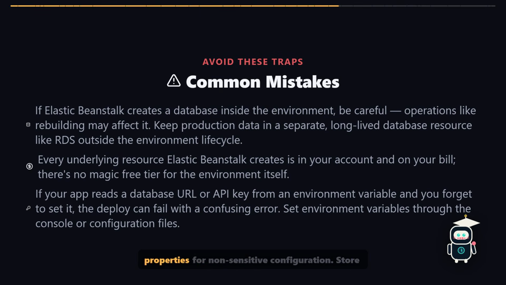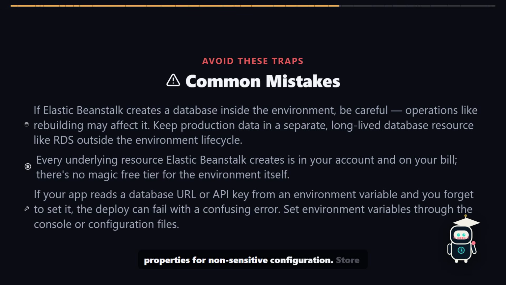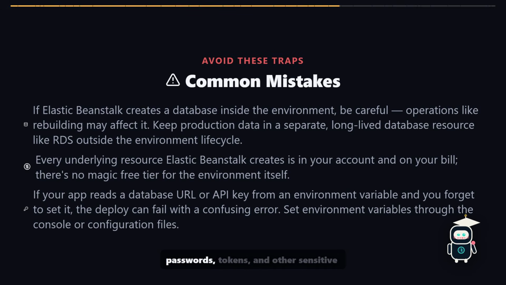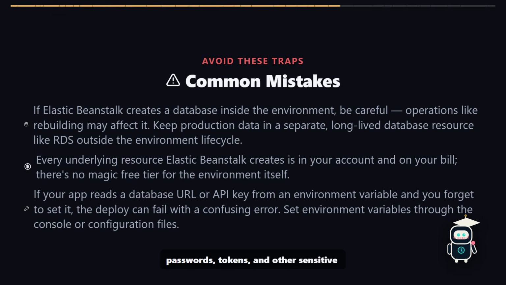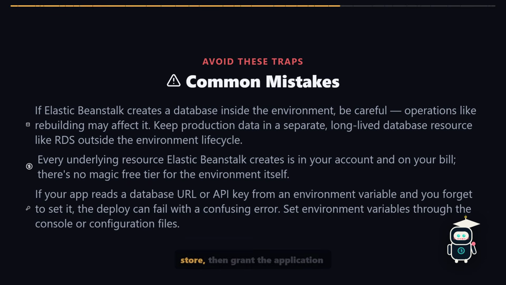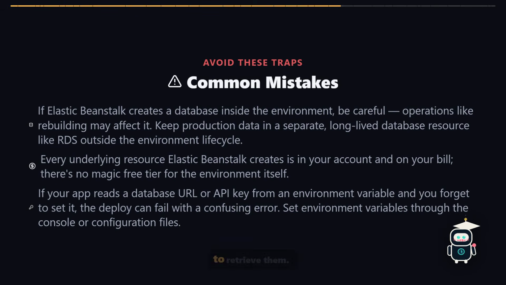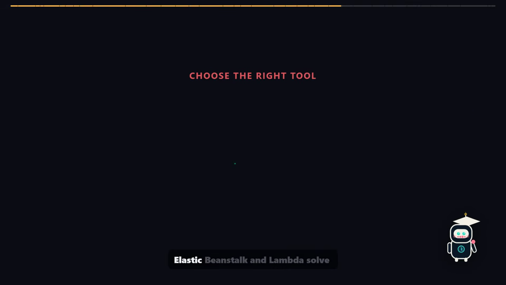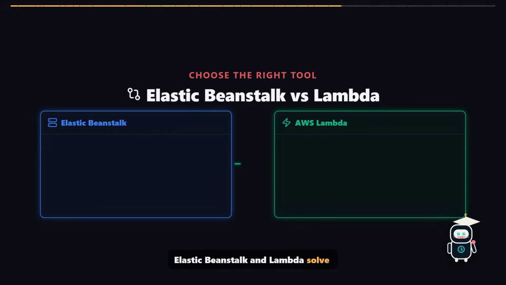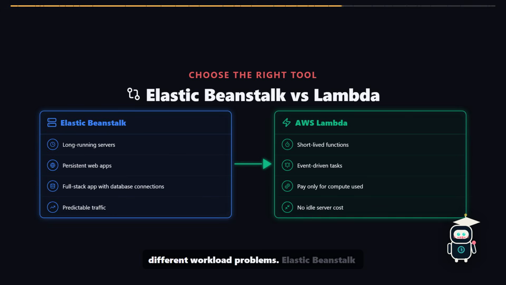Use environment properties for non-sensitive configuration. Store passwords, tokens, and other sensitive values in a managed secret store, then grant the application only the permissions it needs to retrieve them.